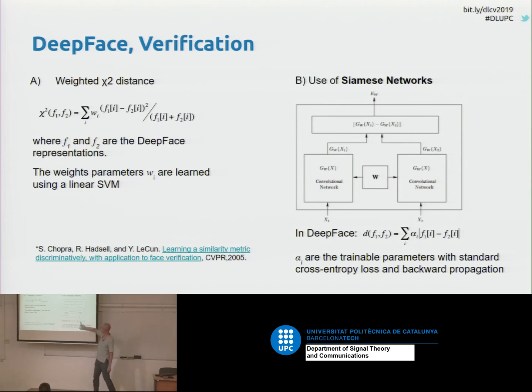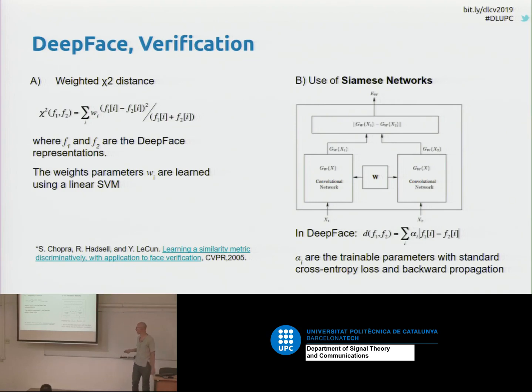You pass the two different images through the same network, and then there is an extra layer that tries to minimize the distance between the embeddings for faces of the same person, and to maximize this distance for faces of different persons. Okay, so we are modifying the embedding so that they fulfill this property.